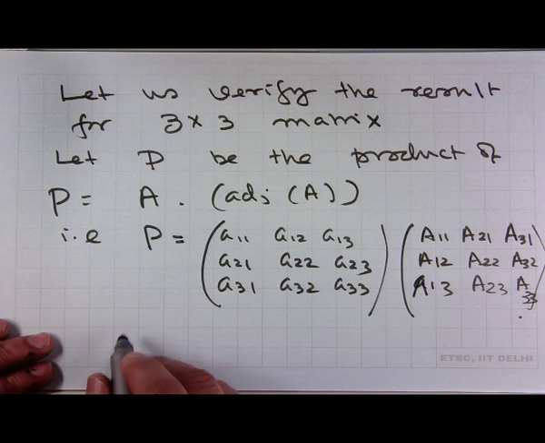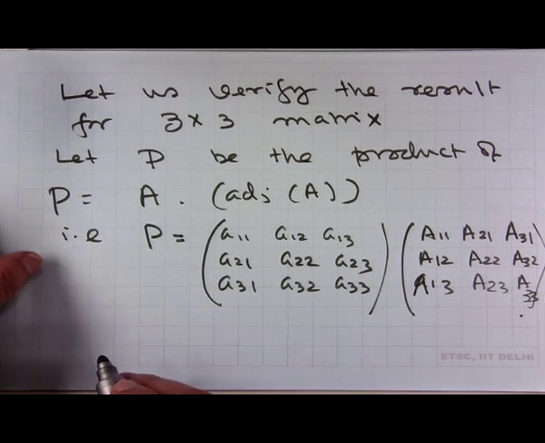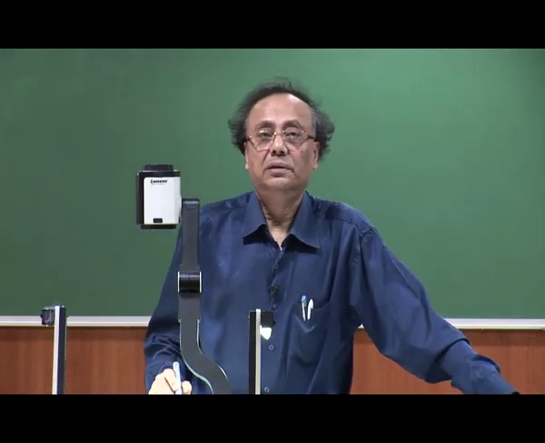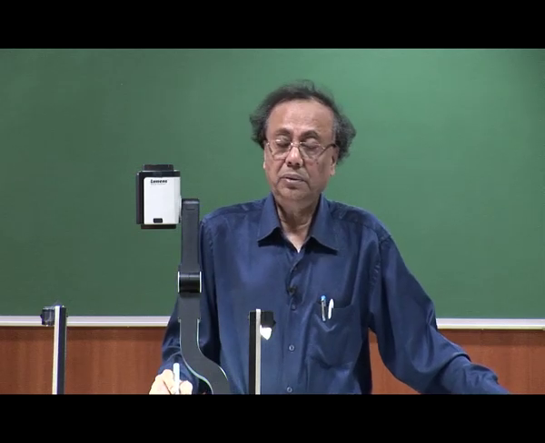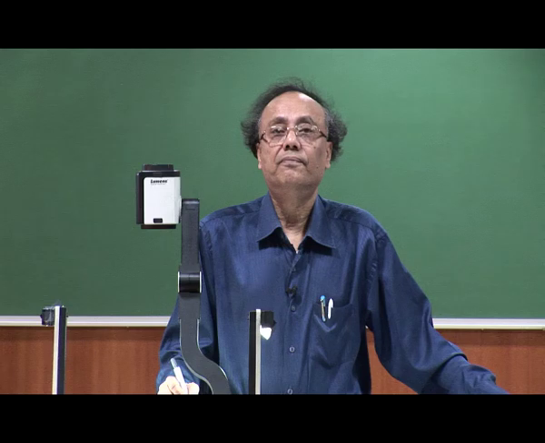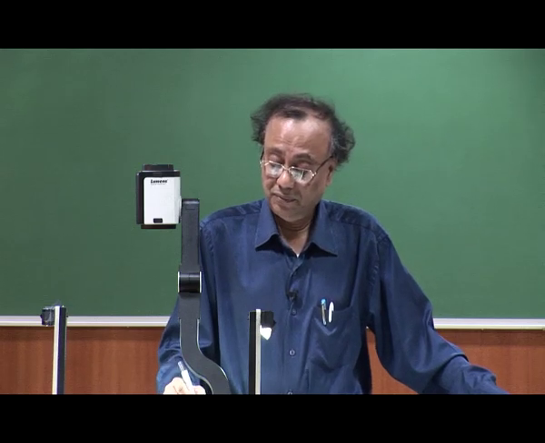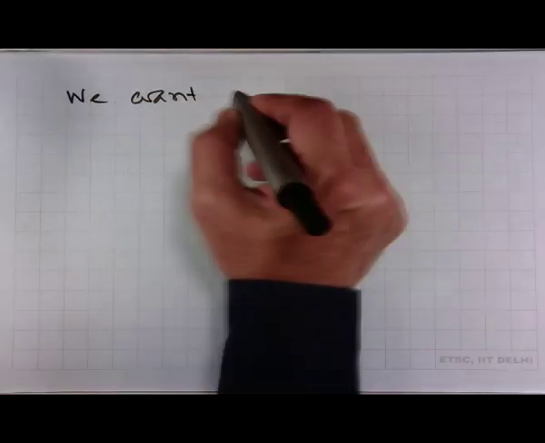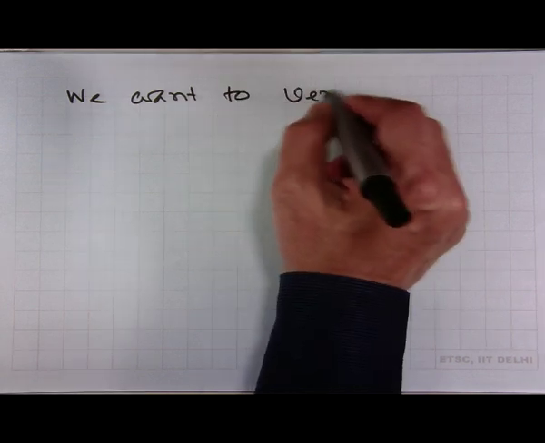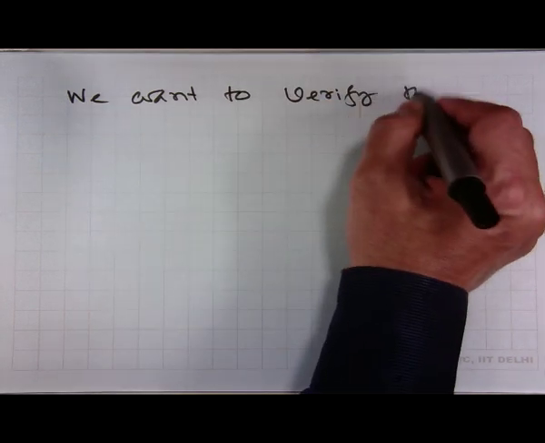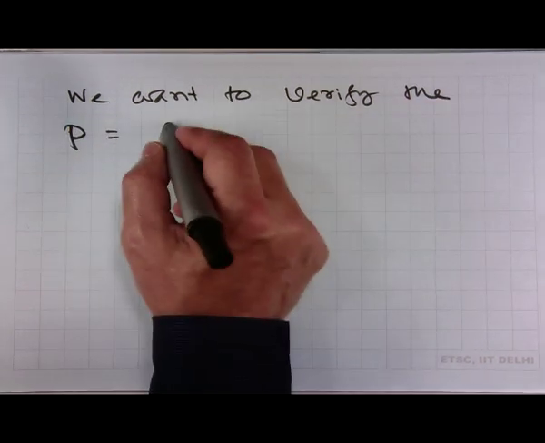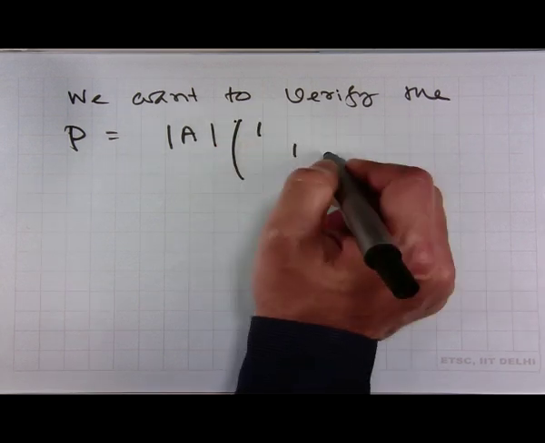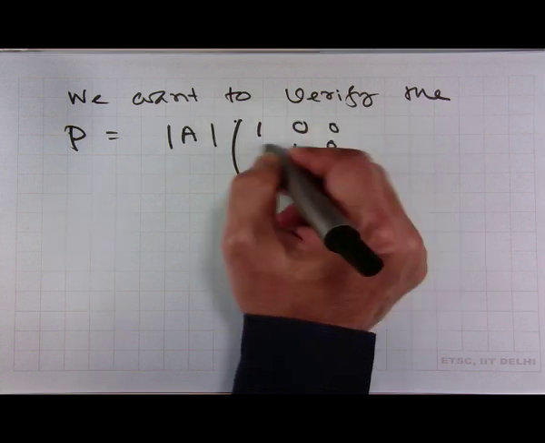What is the value of P? As I said, it is going to be the determinant of A into I3. We want to verify that P is equal to determinant of A into 1 0 0, 0 1 0, 0 0 1.